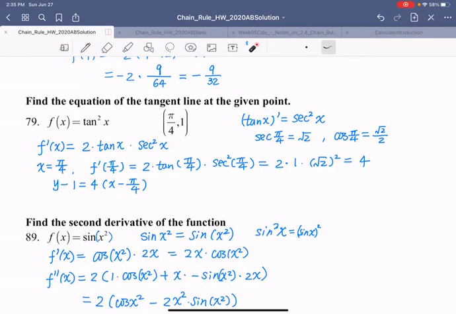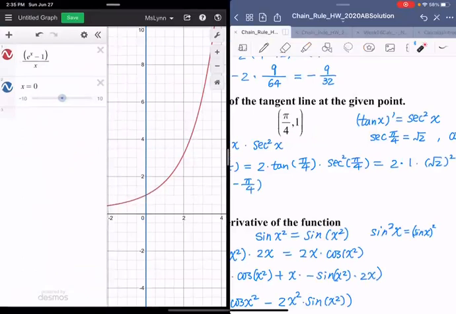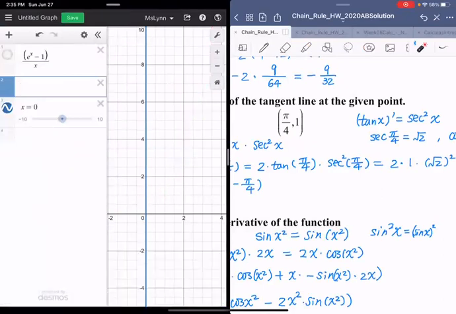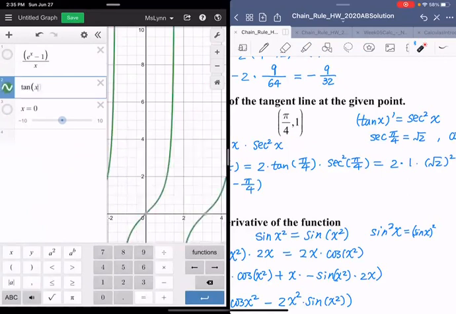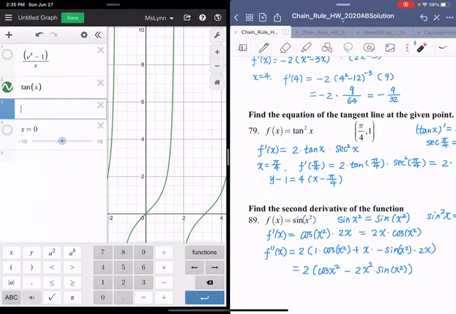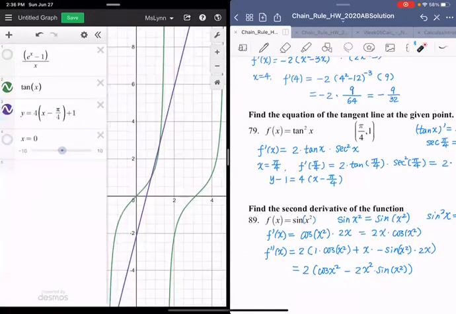You might wonder, is this really true? You can double check. I'm going to draw the function, and then I'm going to make y equal to 4 times x minus pi over 4 plus 1.